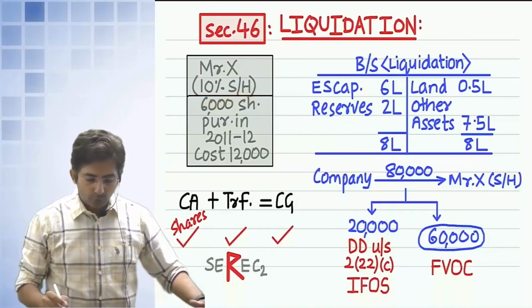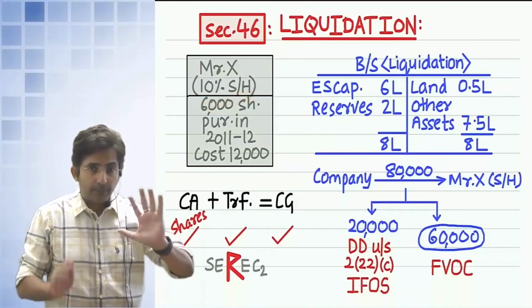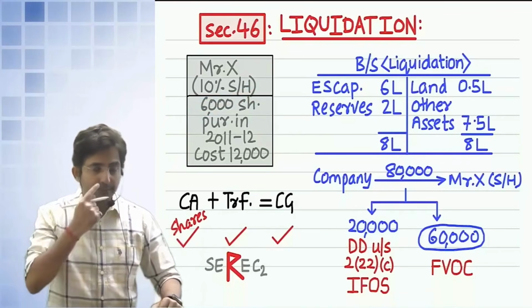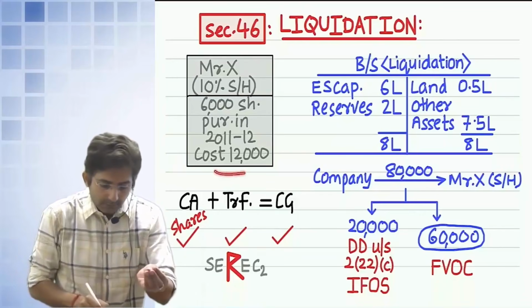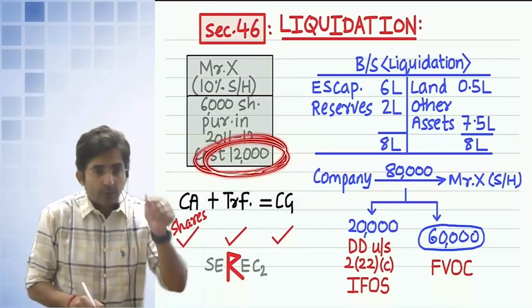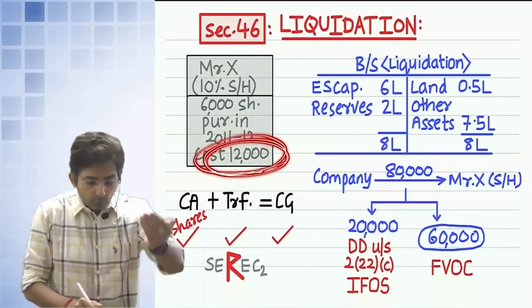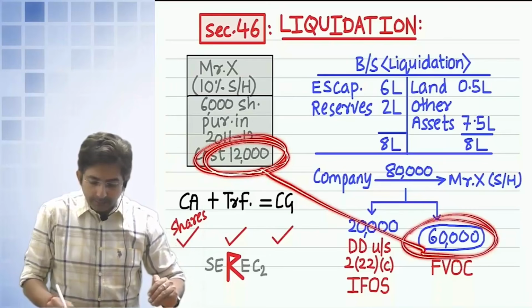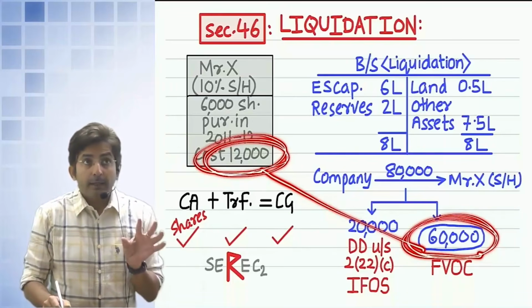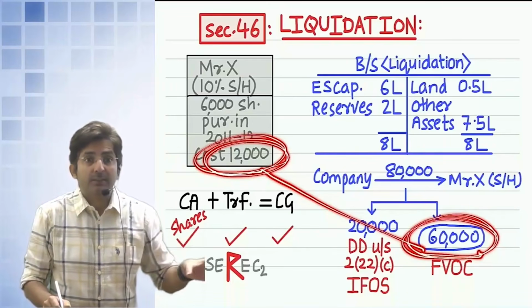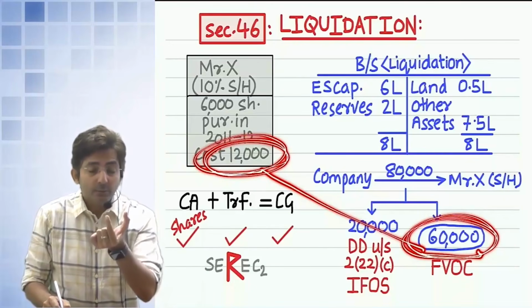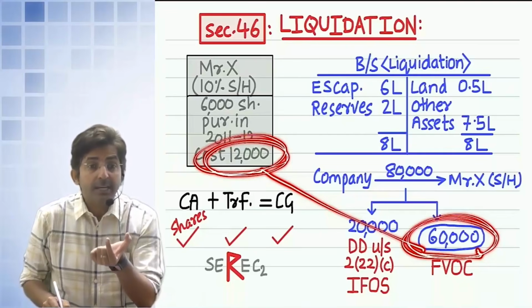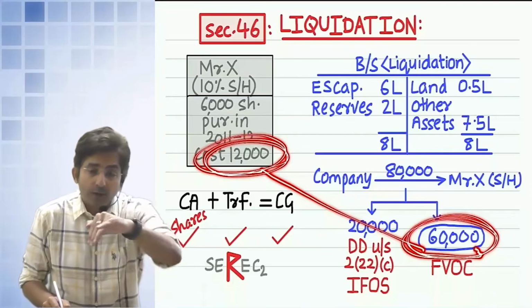See, actually, the way to interpret this is what? Listen to my sentence. Towards shares, the associate invested 12,000. And towards shares, he received 60,000. See, 20,000 he received towards reserves. But capital gains is for shares. So tell me, towards shares, what went and what came?